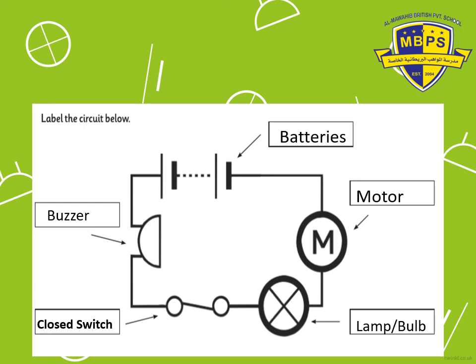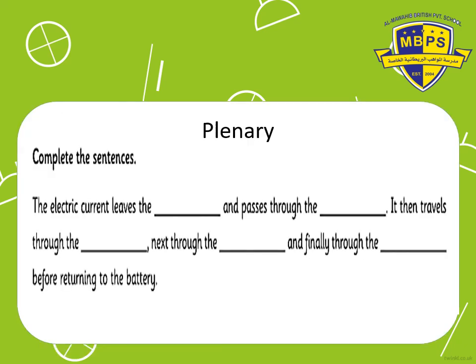I think it's better if you would draw it in your copybook. You can pause the video, draw it in your copybook and then fill in the blanks. That would be much better. So keeping the diagram in the copybook in front of you, let's try filling up the blanks. The electric current leaves the, what is the main source of electric current in a circuit?